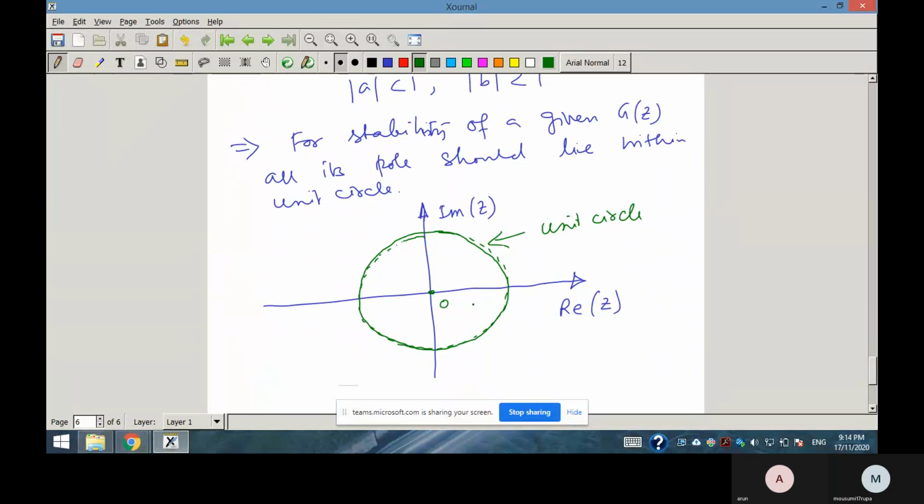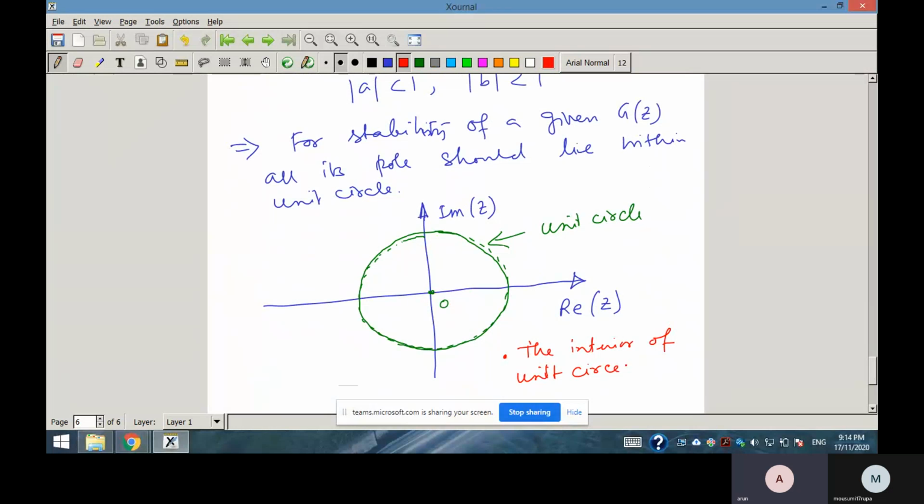I am writing poles, the interior of unit circle, with center at origin.